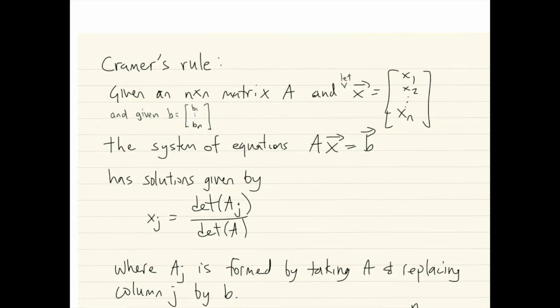The solution of the system is given by x sub j equals the determinant of A sub j divided by the determinant of A, where A sub j is the matrix formed by taking A and replacing column j by the column vector B. It's exactly what we saw in the simple example. It finds the solutions, but the cost is computing these determinants, which can be computationally challenging, but it is a nice result.